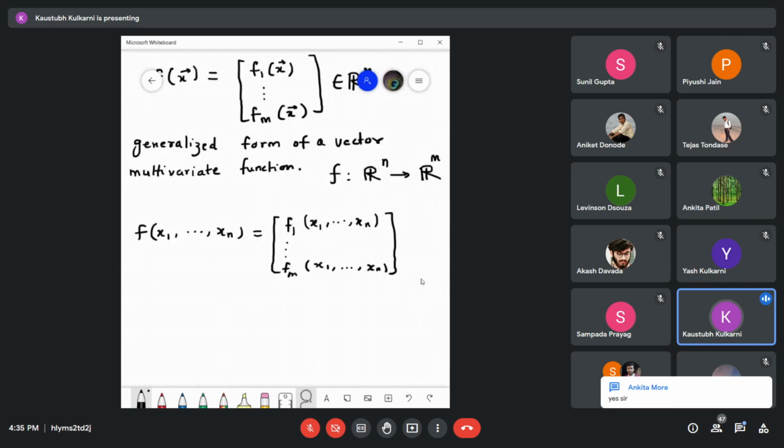So next point is, this is the generalized form of a vector multivariate function.